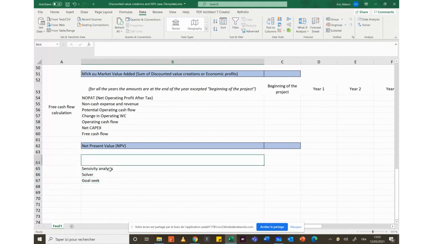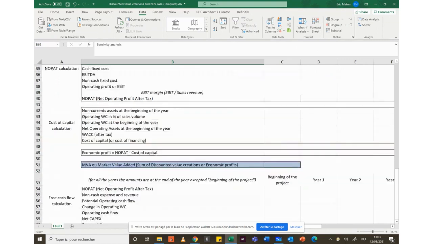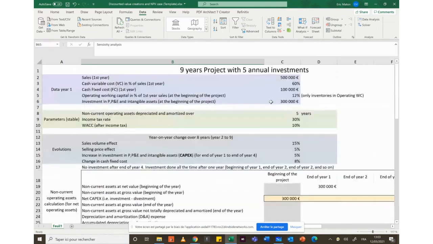So this is one kind of homework, very technical, with the usage of Excel in order to see the impact of different evolutions. What if we have not 300,000 but 400,000 at the beginning? What if the cash variable cost represents 50% and not 60%?